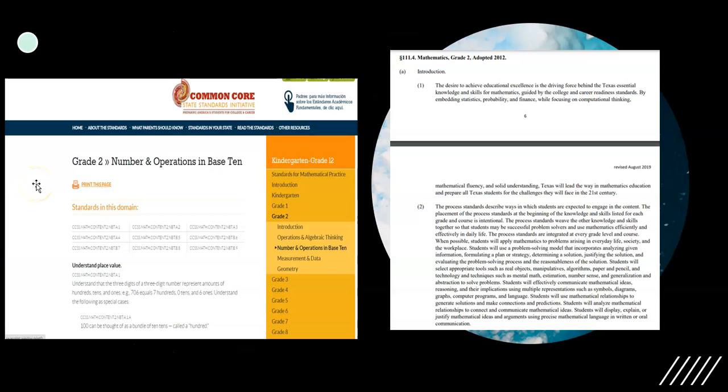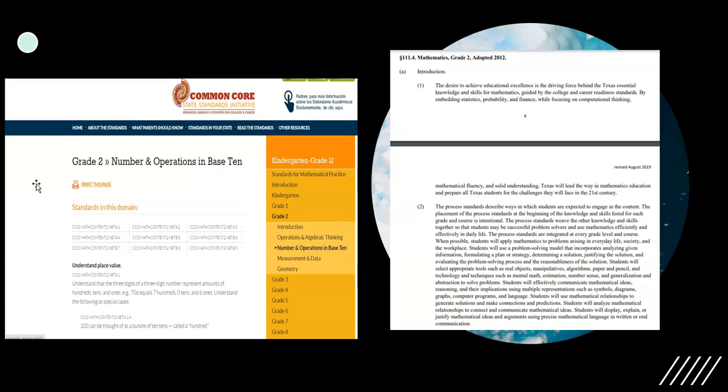The Common Core State Standards Initiative right here is a little bit about number, operations, and the base 10. So when you compare the Common Core, it talks about understanding that the 3-digit number represents amounts of hundreds, tens, and ones.